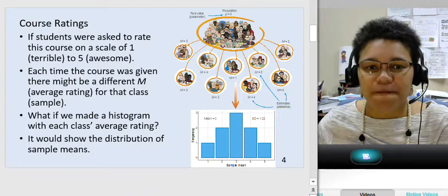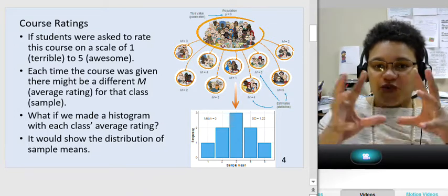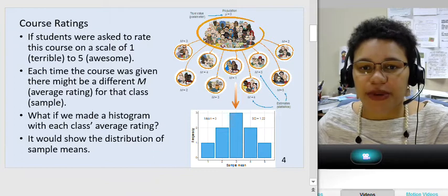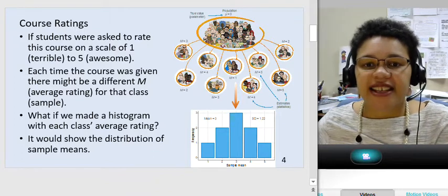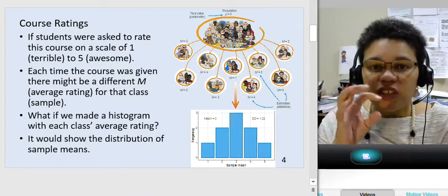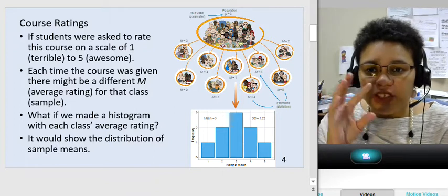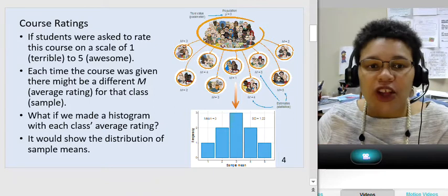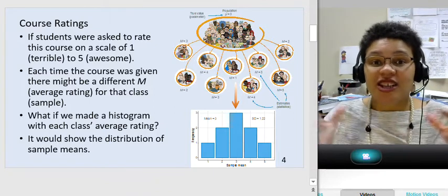Let's find out more. The population of students is this big group at the top, and the samples are the little groups, the little bubbles coming out of the big bubble. So, course ratings. Here's an example.